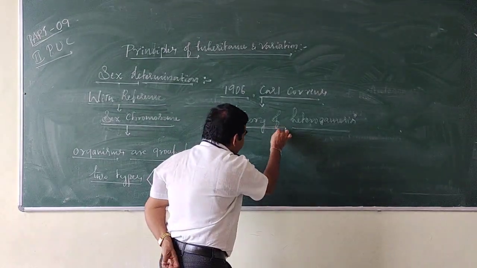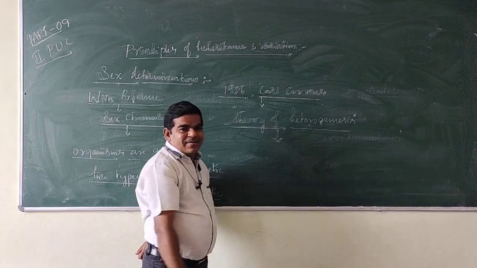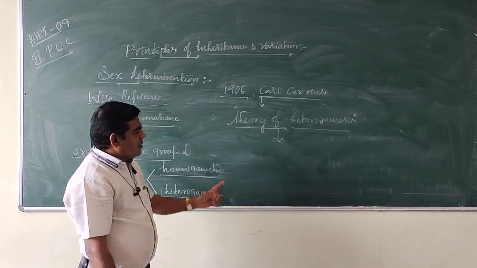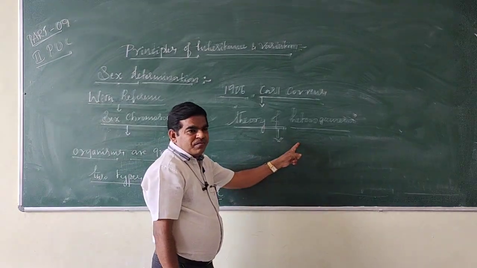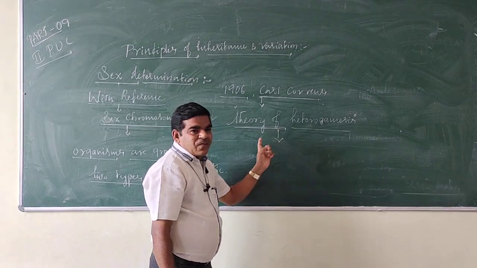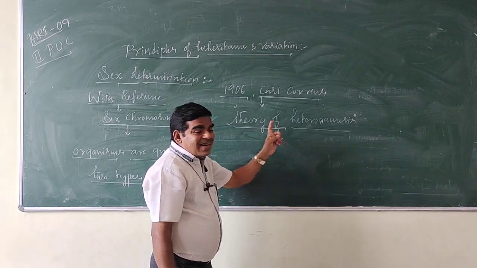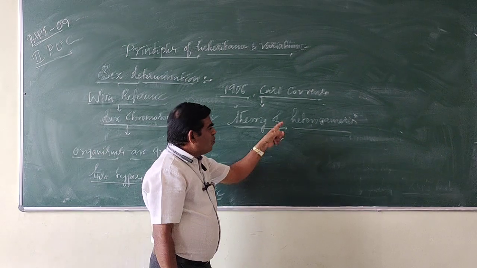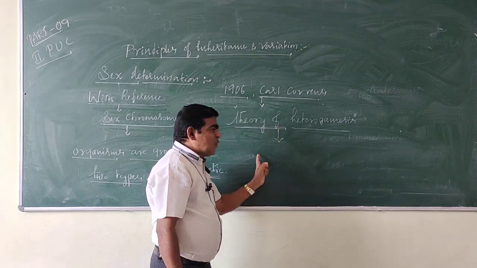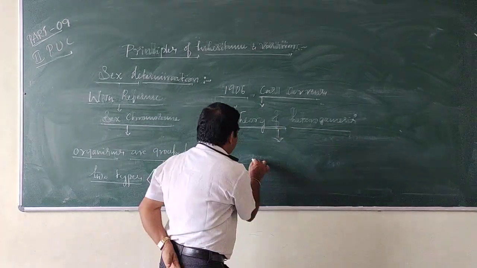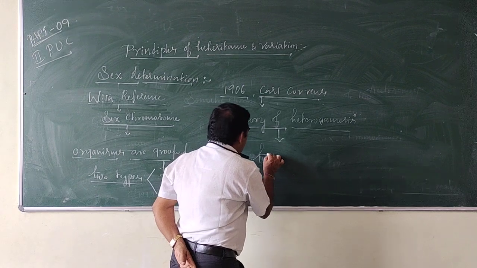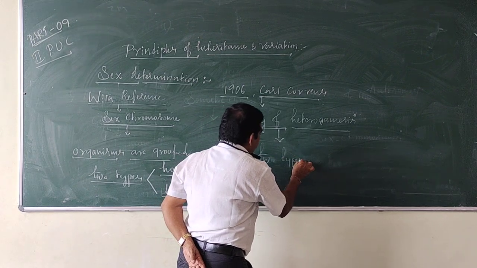According to this theory, there are two types of sex determination.